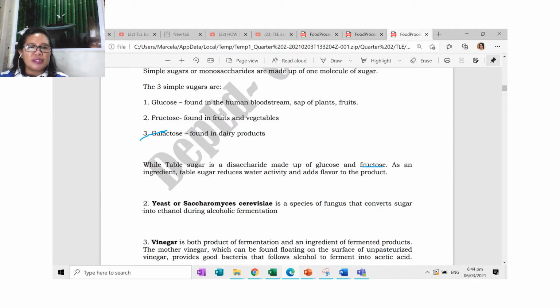Number two is the yeast, or Saccharomyces cerevisiae. It is a species of fungi that converts sugar into ethanol during alcoholic fermentation. And number three is vinegar.